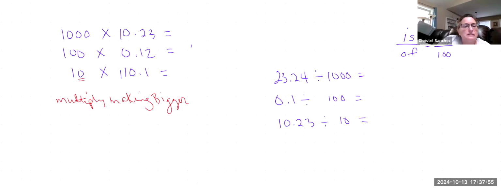I have 1 zero. Since I'm multiplying times 10 and multiplication makes it bigger, I'm going to move my decimal one place to the right because I have 1 zero. So my answer would be 1.101.